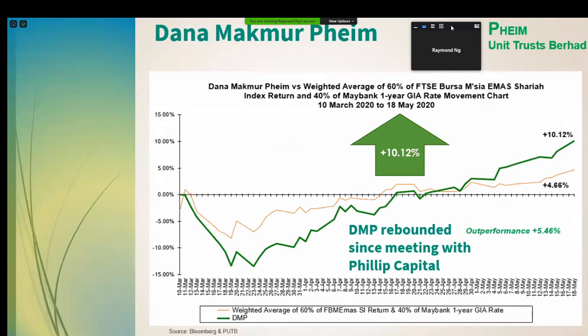We did an analysis starting 10 March 2020 to 18 May 2020. So why do we choose 10 March? Actually, it's not an investment day or a special event in the market. 10 March is the last physical presentation that we had with Philip Capital, in Kota Damansara, presented by Dr. Tan.